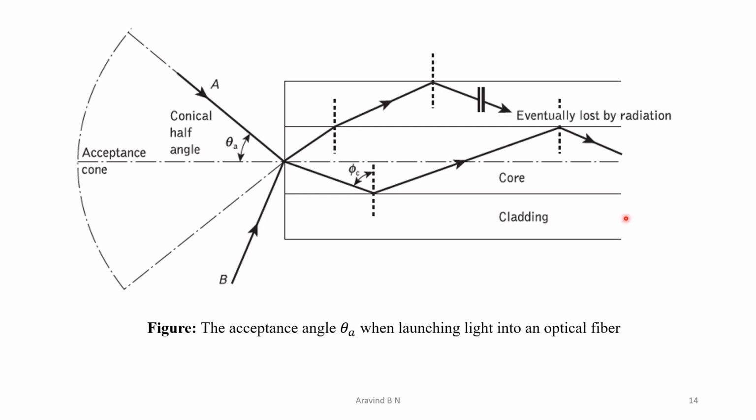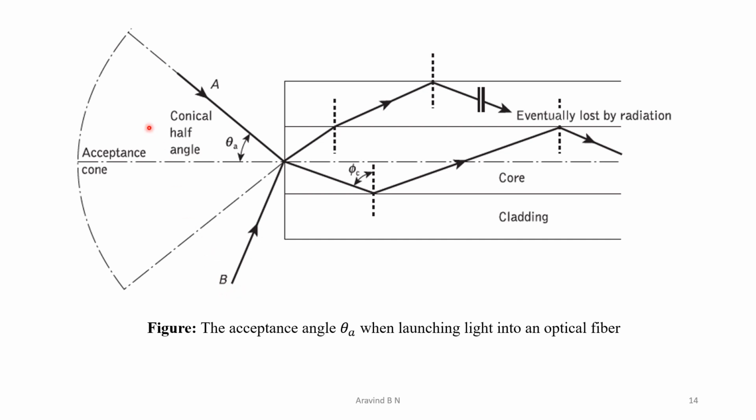At the lower part, from this point up to this point, this is the cladding region, right? This is the light being traveled through the core of the optical fiber. For better understanding, two different rays are being considered: one is A and one more is B.